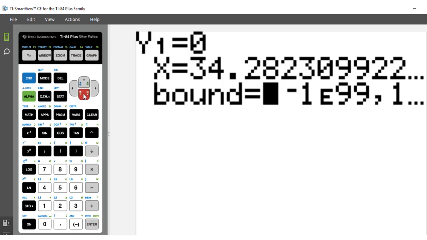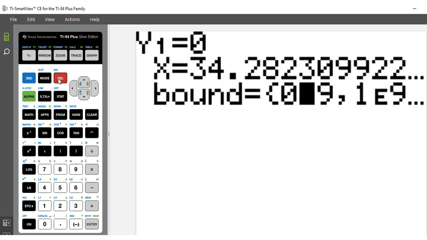Here, look at the bound. This one you can change. This is from negative infinity to positive infinity. I want to change into from 0 to positive infinity. So I do the delete. That's it.